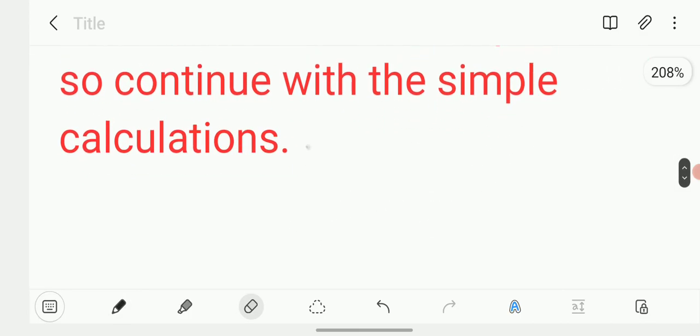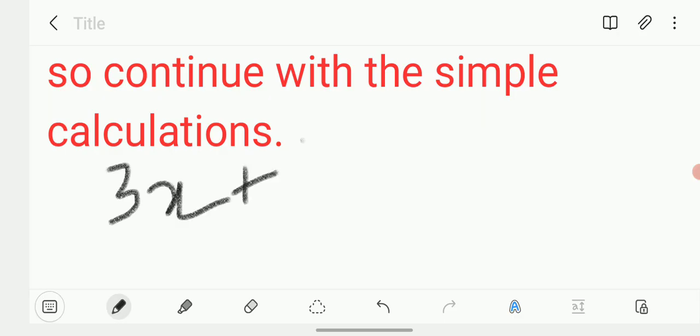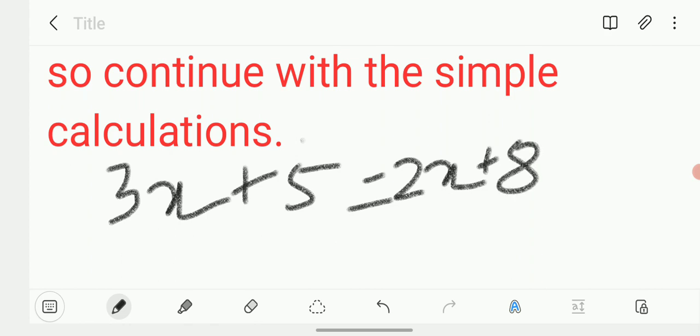Okay, take for example 3x plus 5 equal to 2x plus 8.